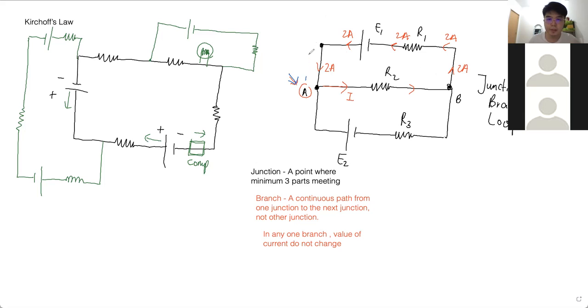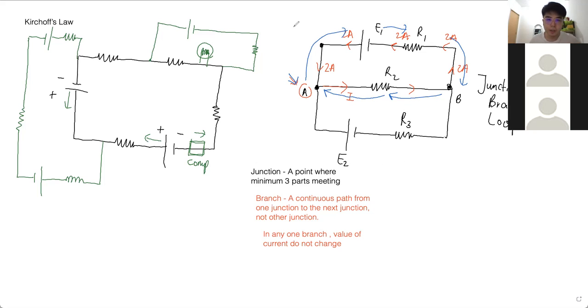A, E1, R1, B. Can I stop here? No, I cannot stop here. This is not a loop yet. I have to come back through R2 and then come back to A. Then this forms a loop. So it is a combination of branches. What branches? There are two branches here. The upper one and this one, these two combined, you get a loop.